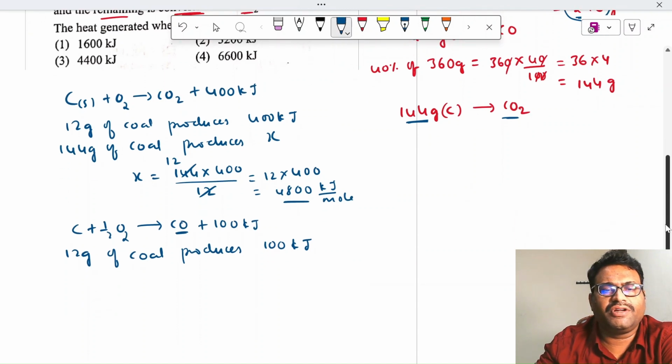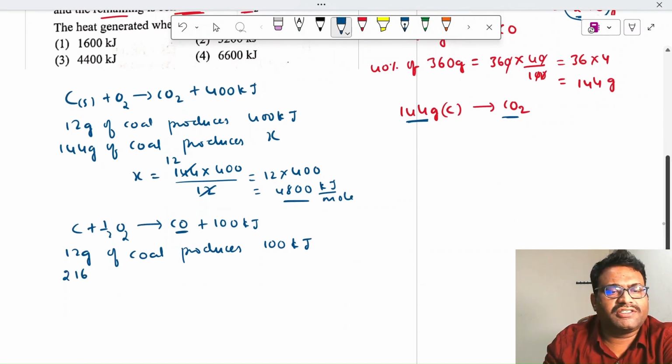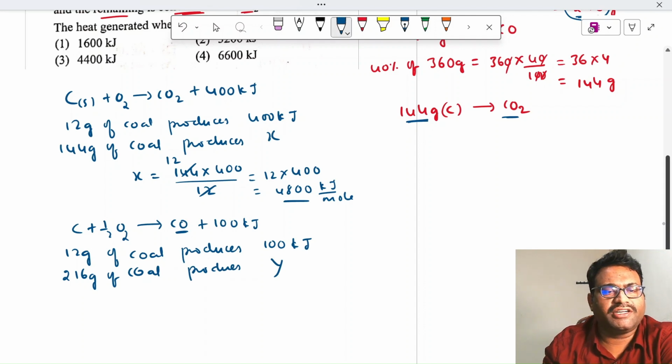So 216 grams of coal produces Y kilojoules. Let us calculate Y. Y is equal to 216 into 100 by 12. 12 ones 12, 12 8s 96. That is equal to 1800 kilojoules.